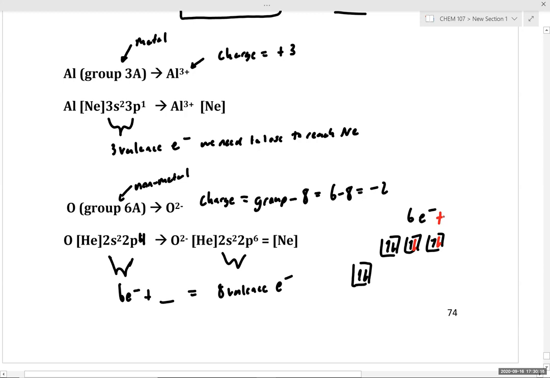And that gives us 8 electrons. Is everyone comfortable with these ionization trends?